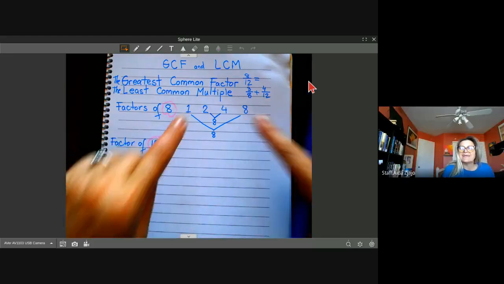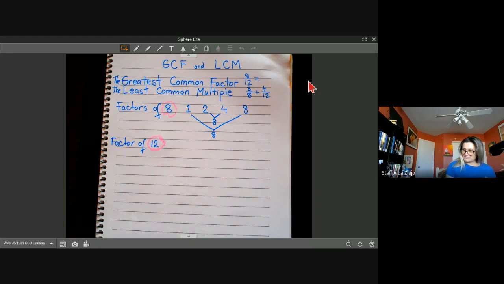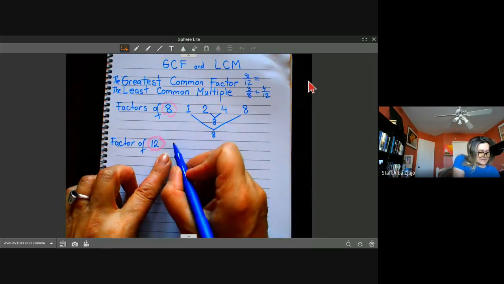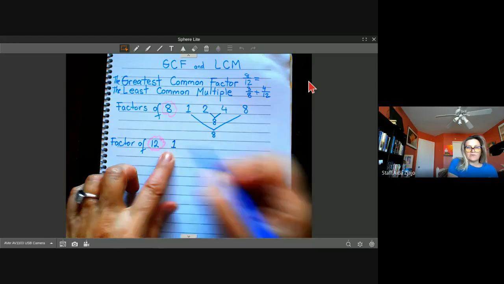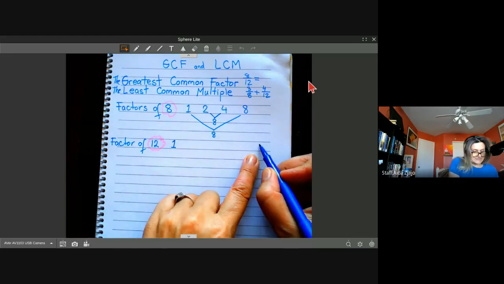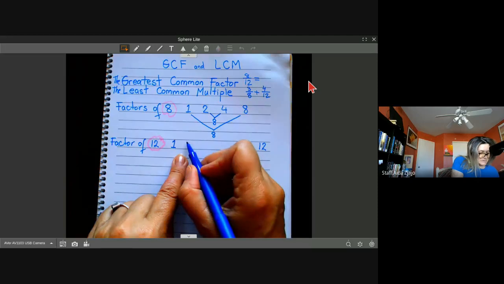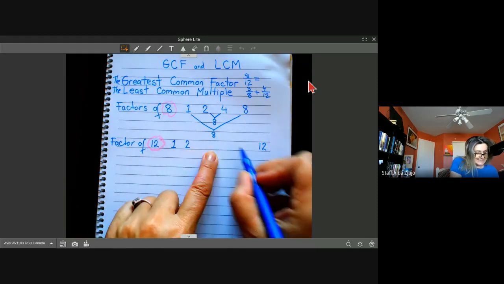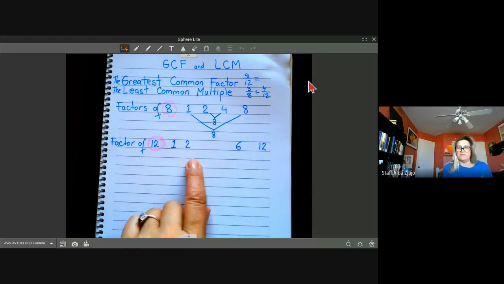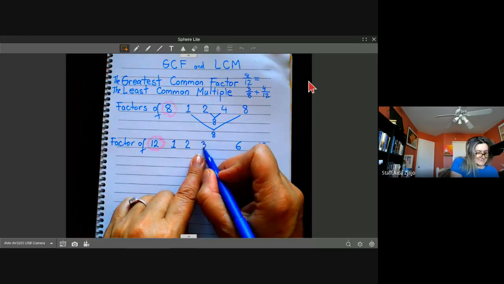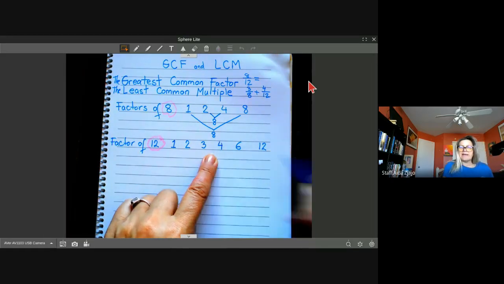That's right. So when we do that, we can have 1 times 12 is 12, correct? And if we try 2, we can say 2 times 6 is 12. And then we also have, like Kevin says, 3 times 4, which is 12.